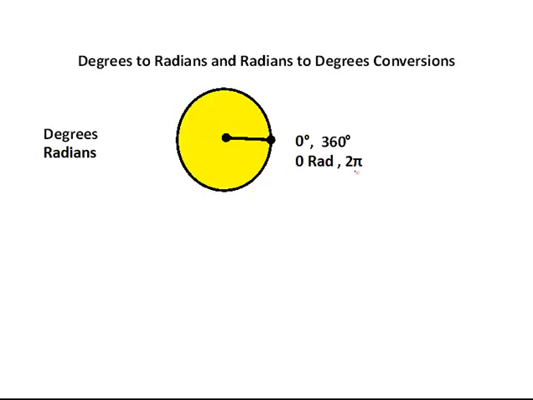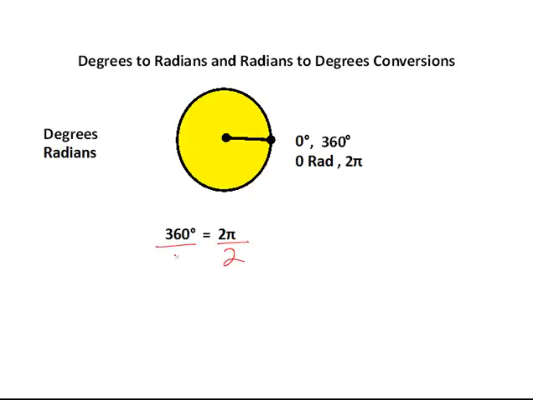So now, if I go around once and I get 360 degrees, and I go around again in radians, I get 2 pi, draw the conclusion that 360 degrees equals 2 pi. Well, anytime you've got an equation, you always have to isolate that variable.